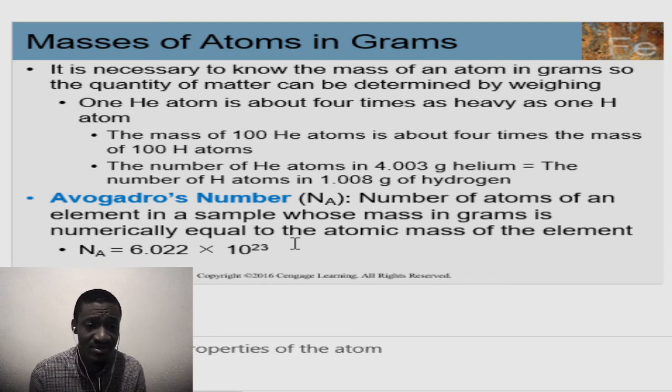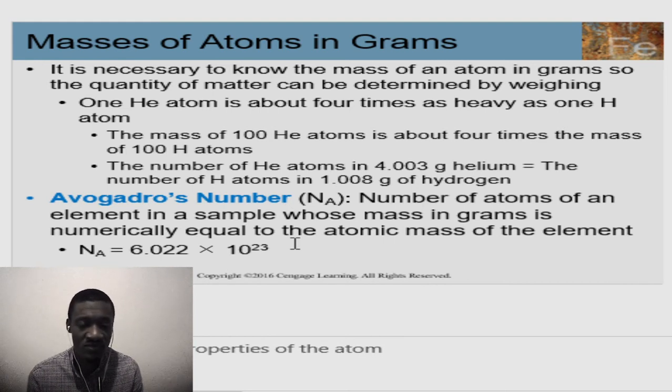So it's necessary to know the mass of an atom in grams, and the quantity of matter can be determined by weighing. So how you know the mass of something is by weighing it. So we said 1 He, which is a helium atom, is 4 times as heavy as the H atom, which is a hydrogen atom.